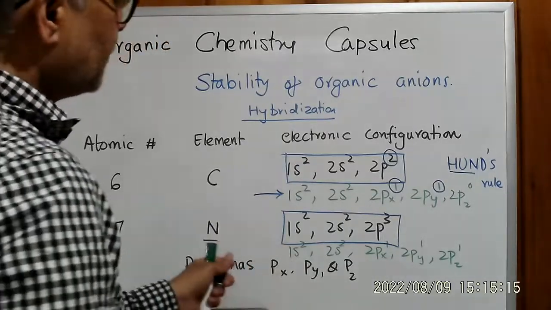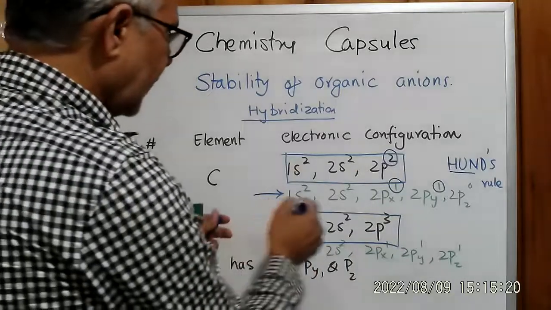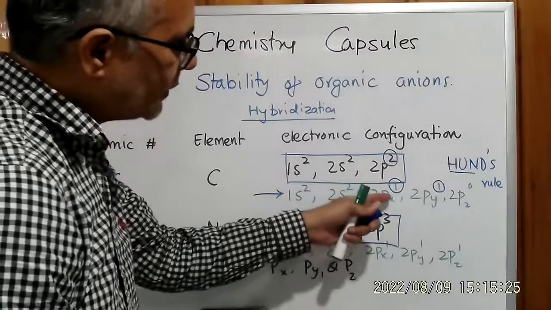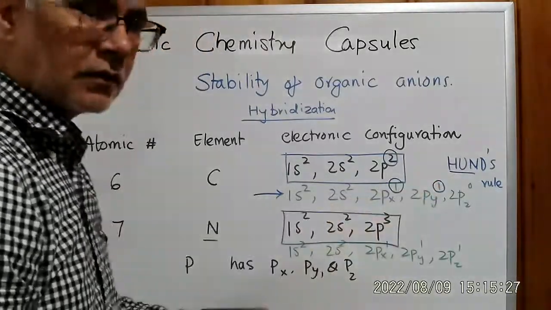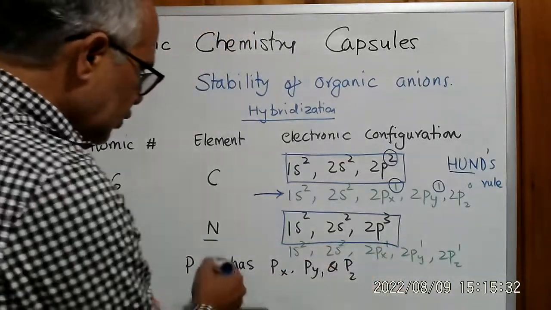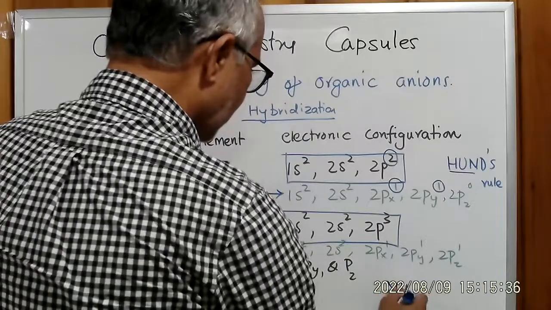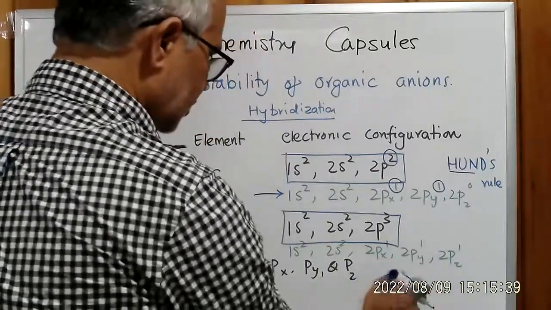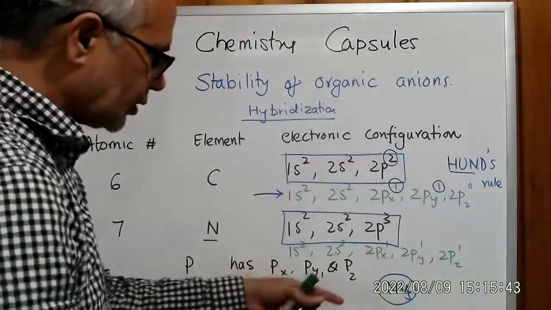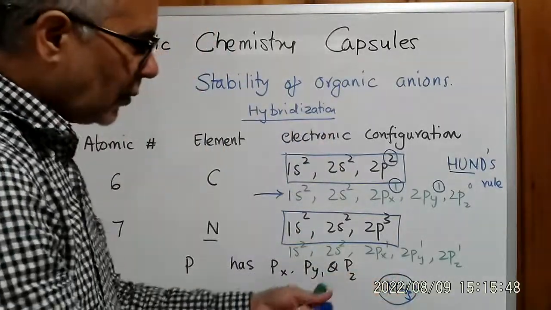So how do we explain that? In the refined electronic configuration of carbon, we notice that there are 2 unpaired electrons. For nitrogen, there are 3 unpaired electrons. So for nitrogen, it's easy to explain how it forms a compound like NH3. There are 3 unpaired electrons, and each unpaired electron pairs up with 1 electron from each hydrogen, forming NH3.